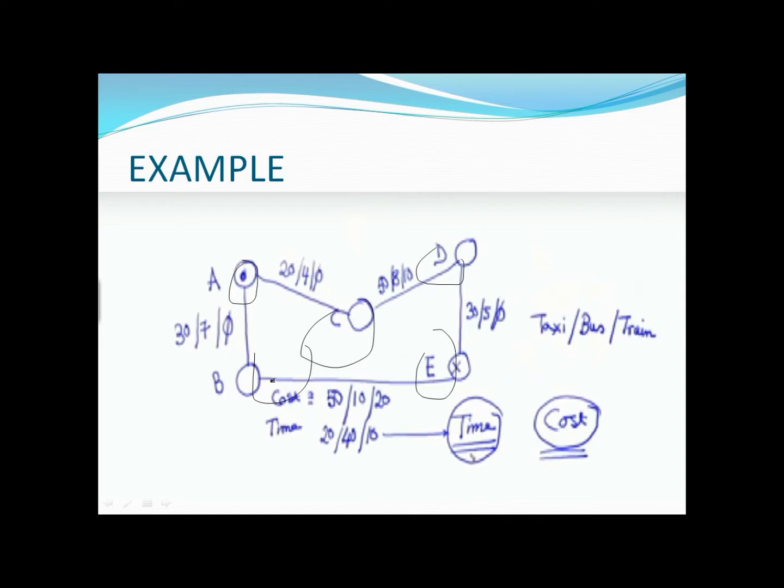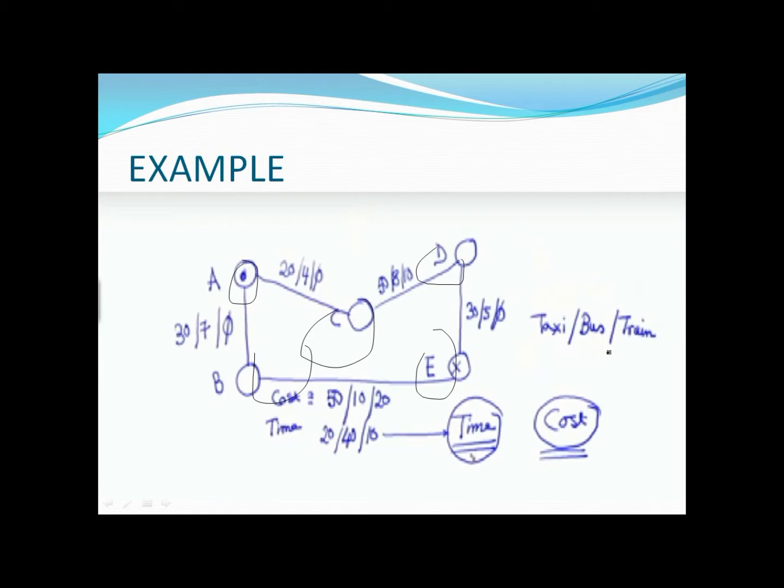What is given to us is the way we can commute from place A to C, C to D, D to E and E to B, and the taxi fare is given first, the bus fare second, and the train fare third.